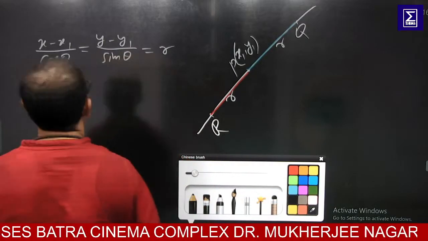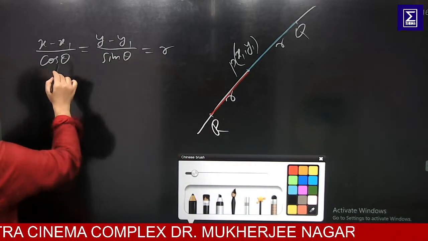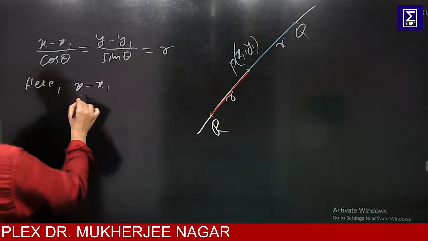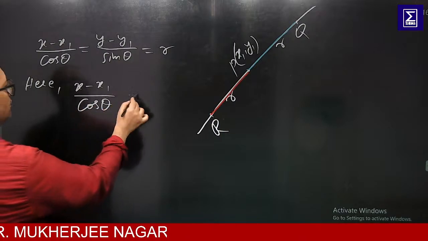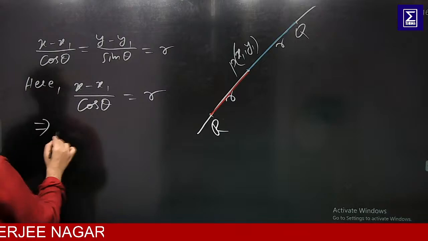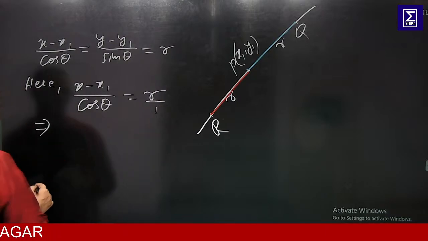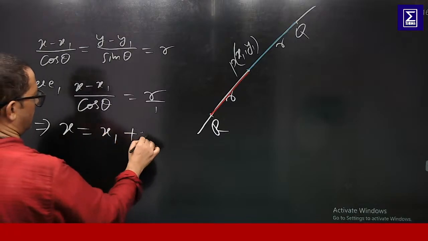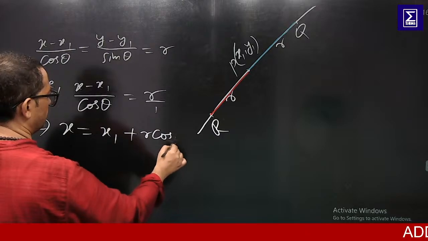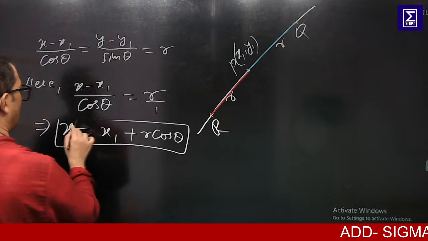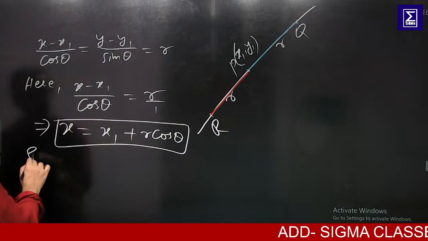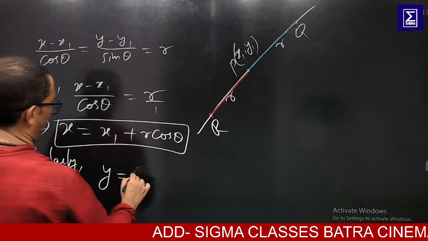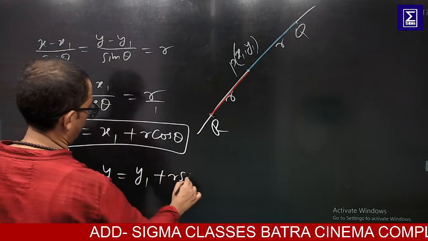So here if you do the cross multiplication, we can take x minus x1 upon cos theta is equal to R. So x will be nothing but x1 plus R cos theta, and similarly y will be equal to y1 plus R sin theta.